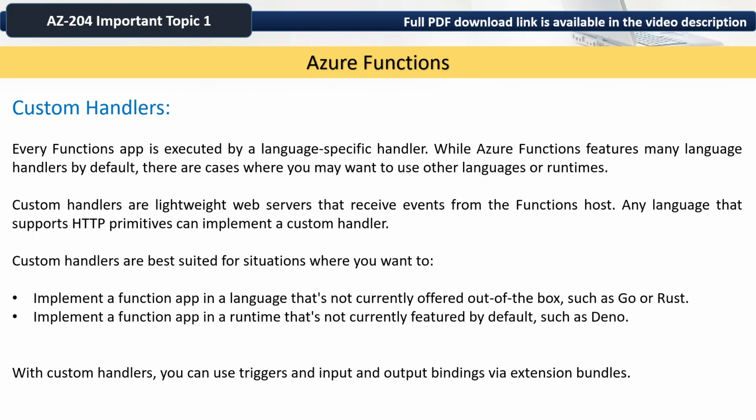Custom handlers are best suited for situations where you want to implement a function app in a language that is not currently offered out of the box, such as Go or Rust, or implement a function app in a runtime that is not currently featured by default, such as Deno. With custom handlers, you can use triggers and input and output bindings via extension bundles.